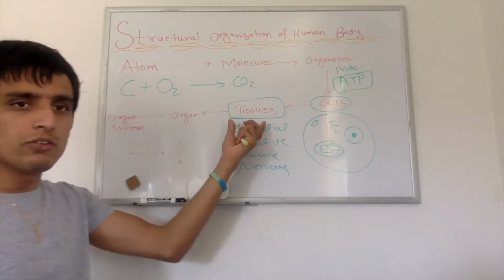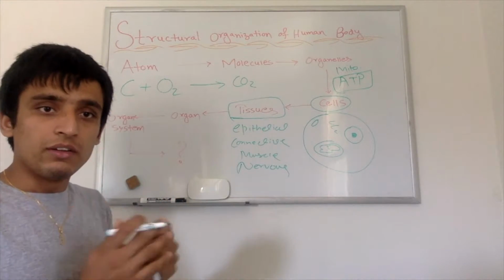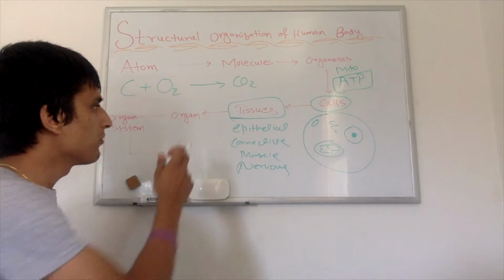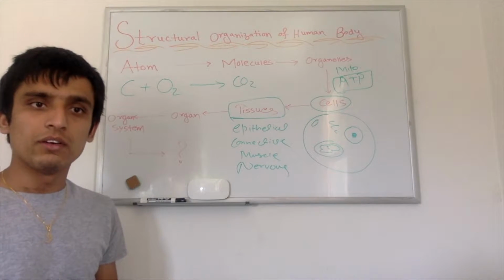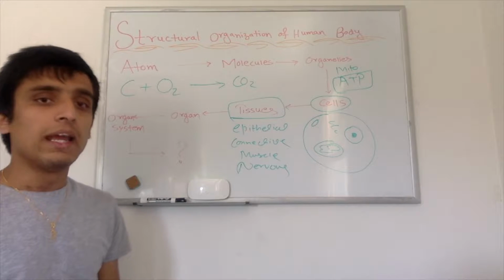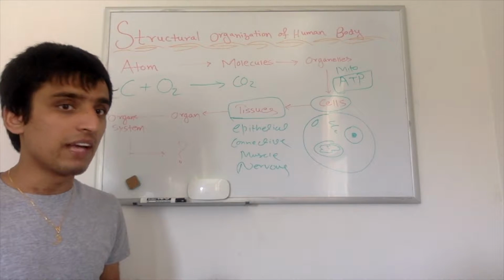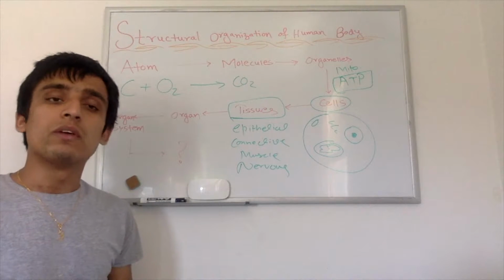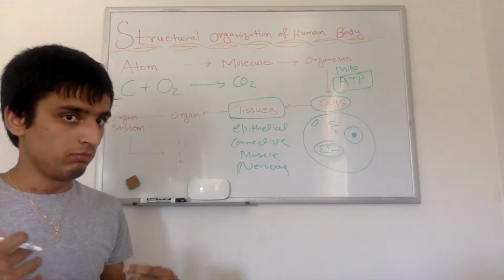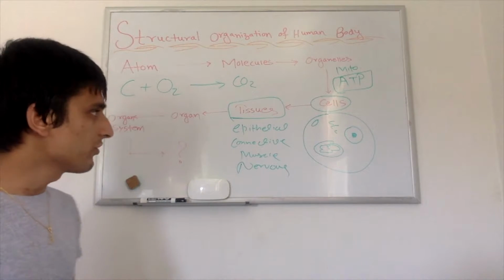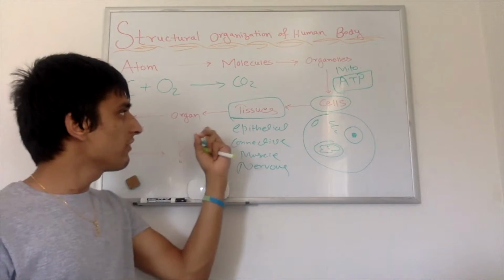And when different types of tissues come together, they form an organ, like the heart, lungs, and kidney. You may have different types of tissues in the kidney, right? In the heart, you have different types of tissues, different types of muscles, right? So this is an organ.